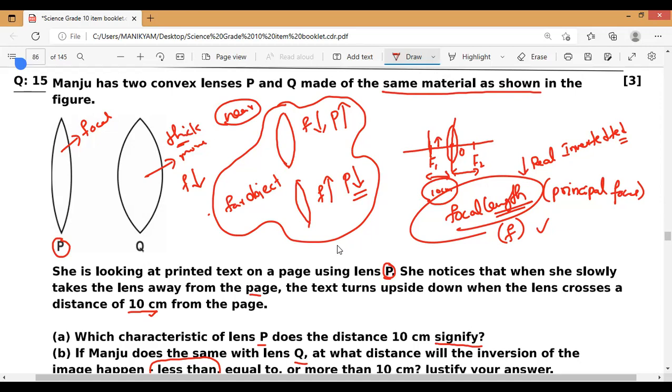Please note it down. That is why when we are seeing the far objects, we need low converging power or high converging power? Anybody? Low converging power. So the lens should be thicker or thinner? Sorry, I made a mistake here. The lens should be thicker or thinner?